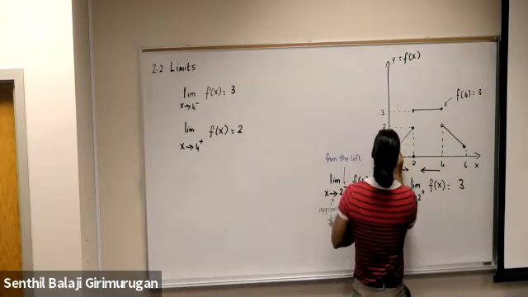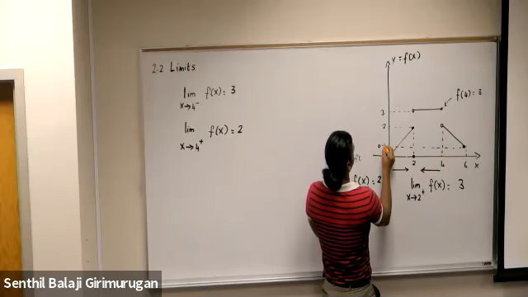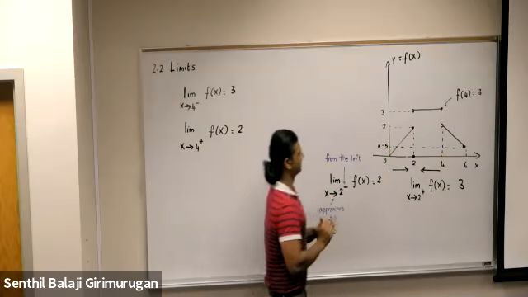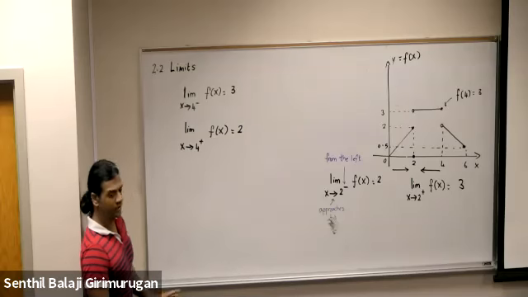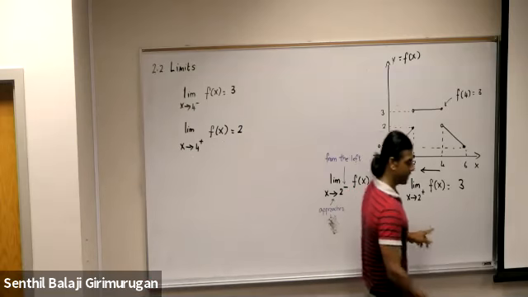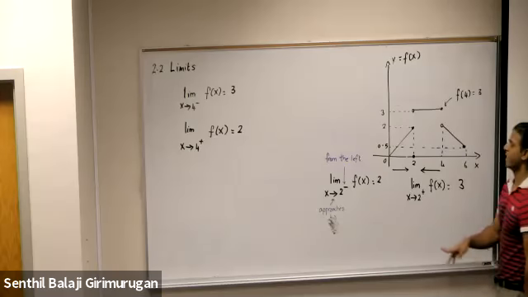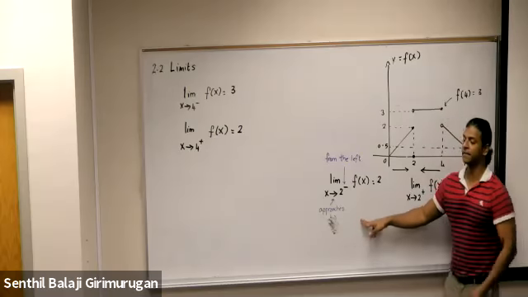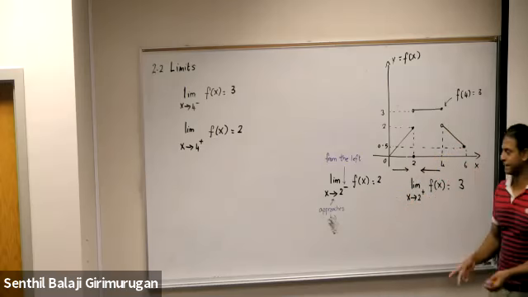Should have written it. 0.5. Good. Both of these limits, I've looked at them from one side, right? I found the value of this limit from the left-hand side, and that one from the right-hand side.